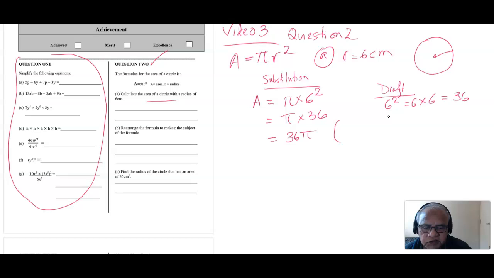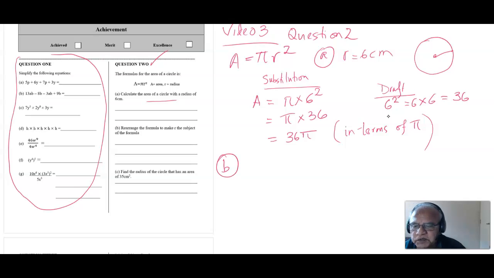So 36 pi, right? 36 times pi, in terms of pi. If pi is pretty close to 3.14, just remember you are multiplying 36 by a number which is close to 3. 3 lots of 36. Okay.